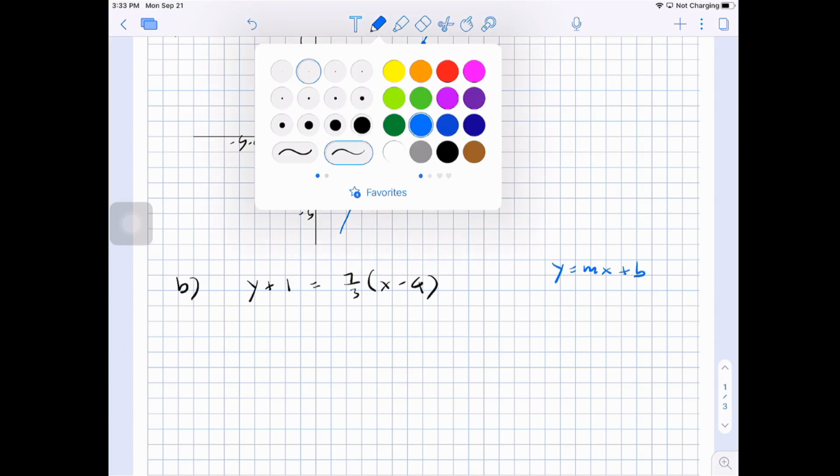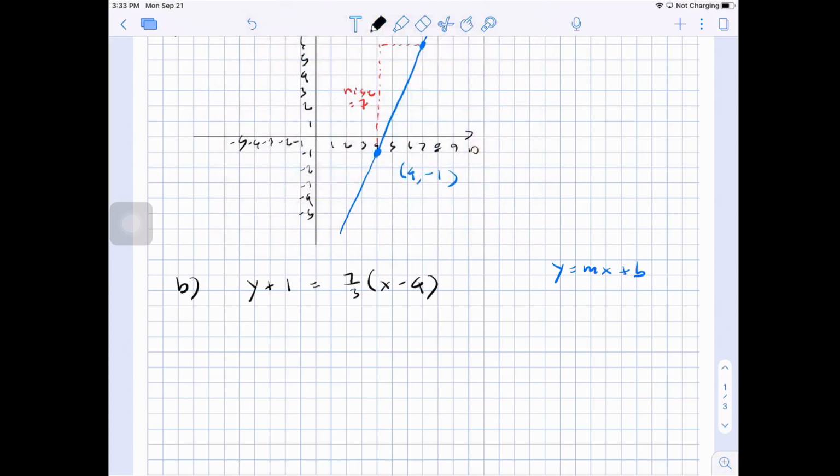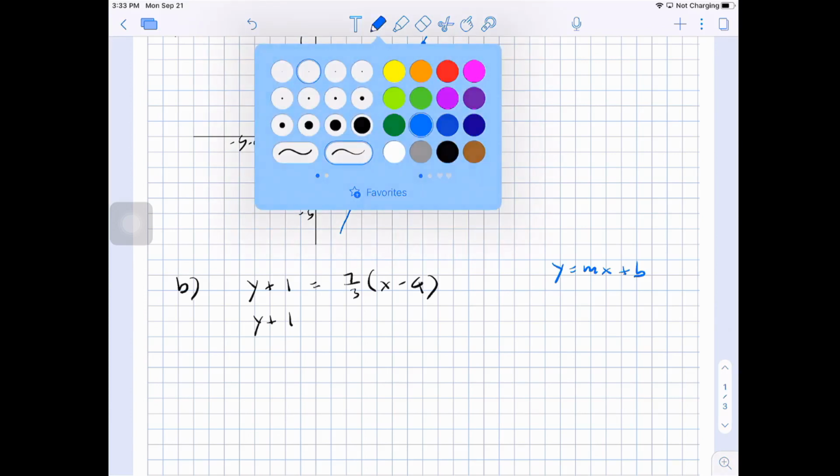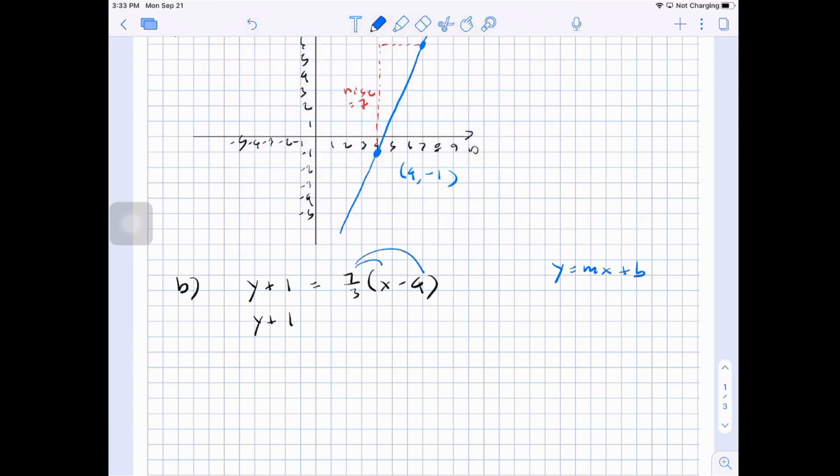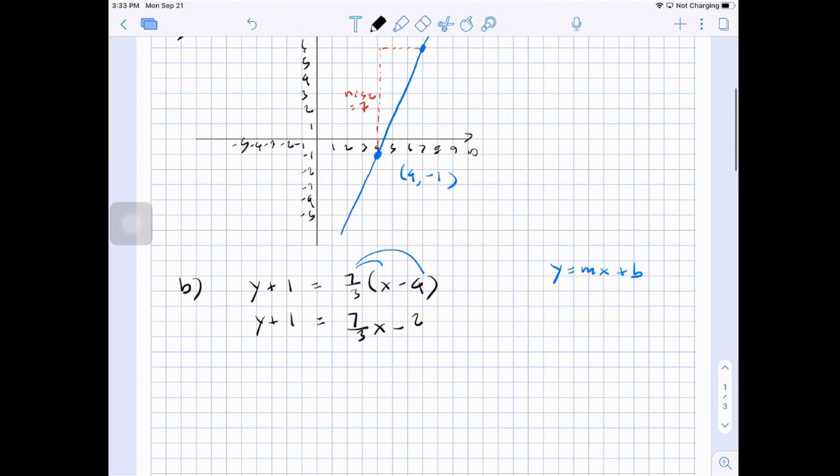So what we'll do, let's first distribute that 7/3. We're going to distribute through to both terms. So equals 7/3 x minus, let's see, 7 times 4 is 28, 28 over 3. And we're going to need to subtract 1 from both sides, right?